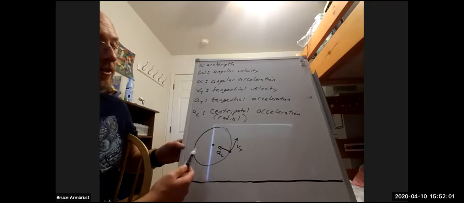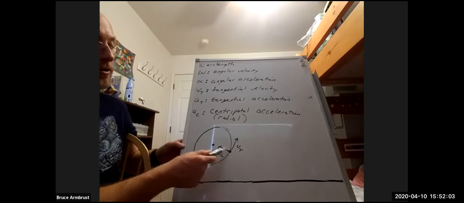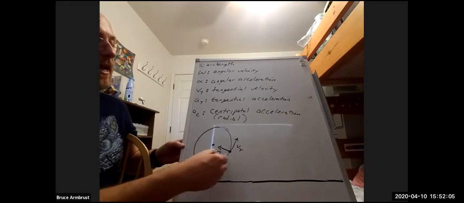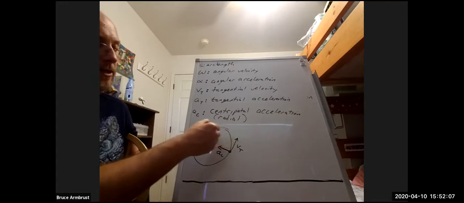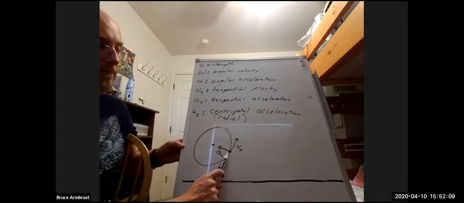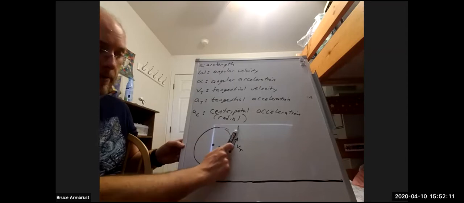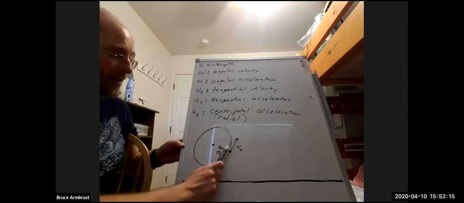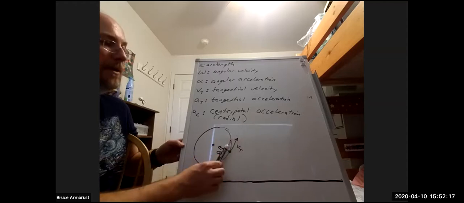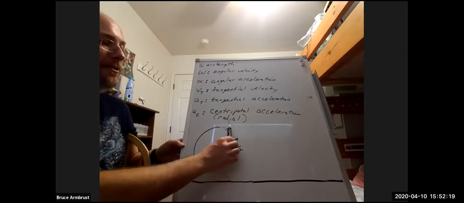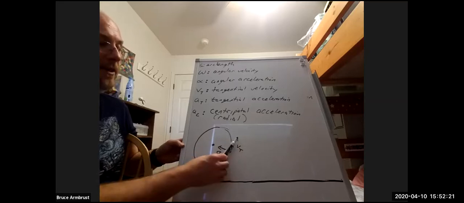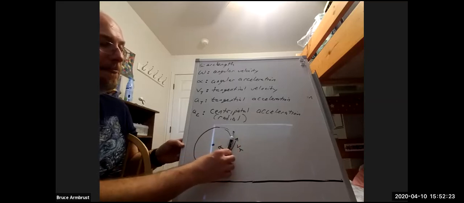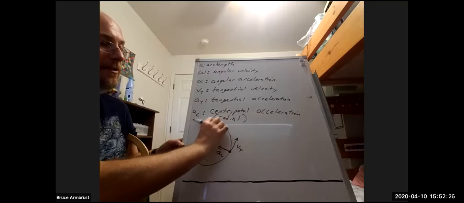What this is telling you is that this particle is moving in a counterclockwise direction, because at this point it's trying to go up, right? This is good old Newton's first law. We're trying to just keep doing what we're doing, but it gets brought back in because there is a force. There's a centrally pointing acceleration that brings it back in, and it's going to continue to move in this direction.